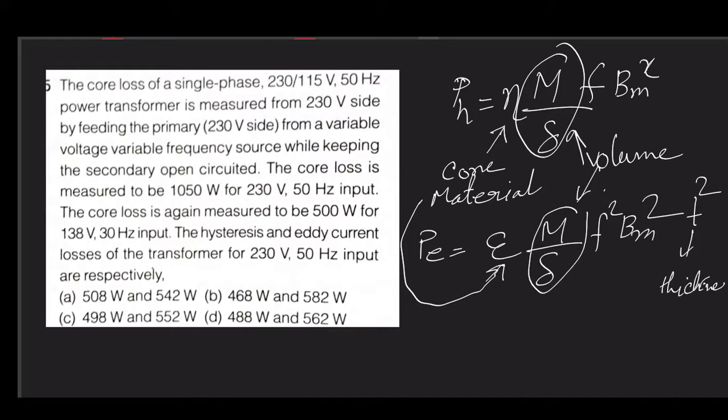Now here one thing we have to check is the value of Bm, or the effective flux here.